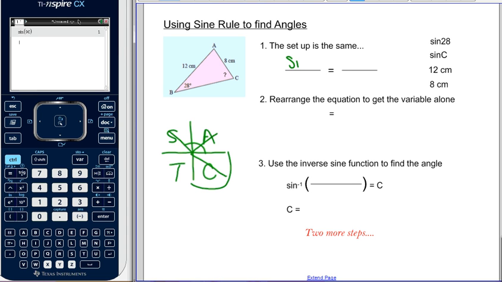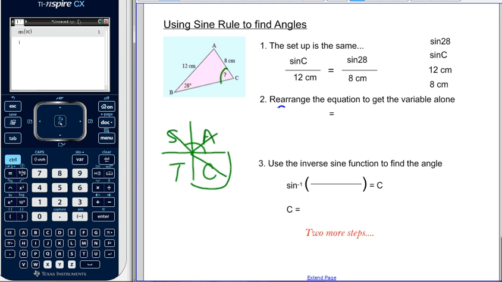Okay, so the setup is the same. We're going to have sine of the angle C, that's what we're trying to find, over 12 is equal to sine of 28 over 8. Then we rearrange the equation by cross multiplying.